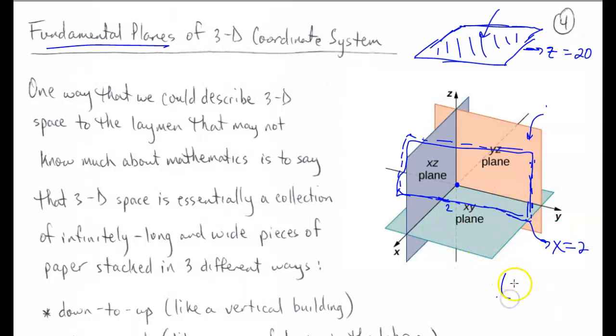Okay, so all the points on this plane would look something like this. Doesn't matter what y and z are, but it matters that, of course, 2 is always the x coordinate. And this particular plane here will be parallel to the YZ plane. Okay, so it is the YZ plane just shifted up 2 units. I guess 2 units up on the x-axis.